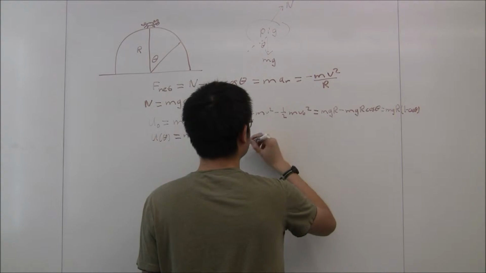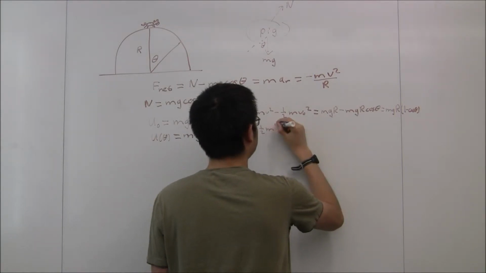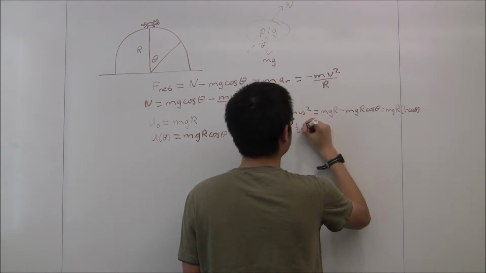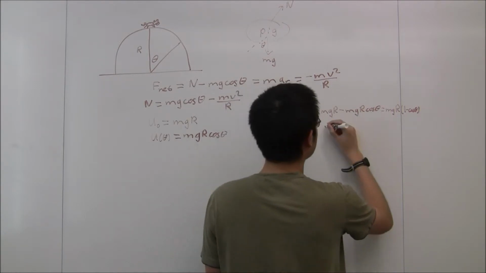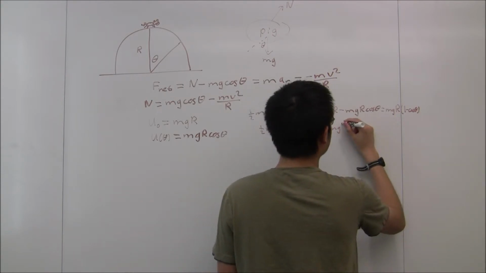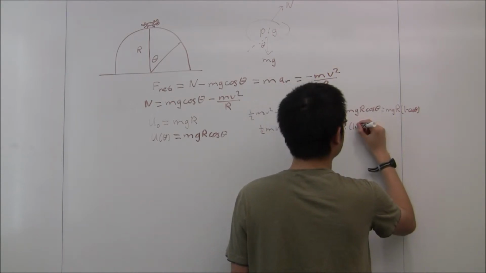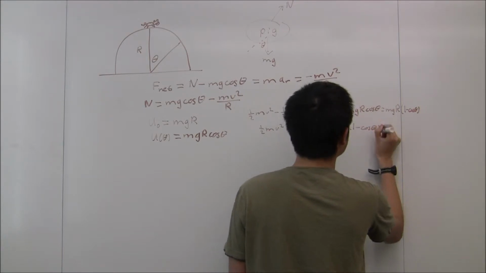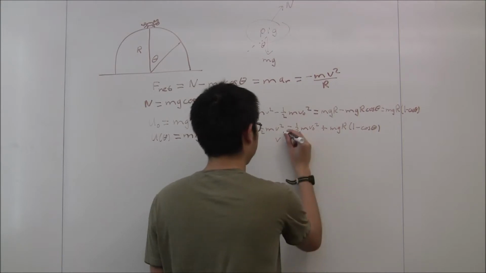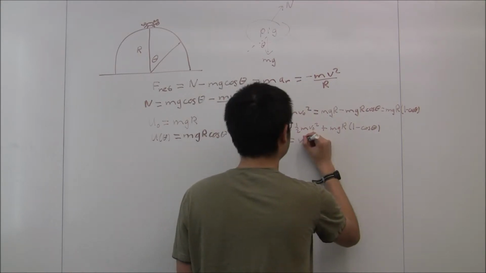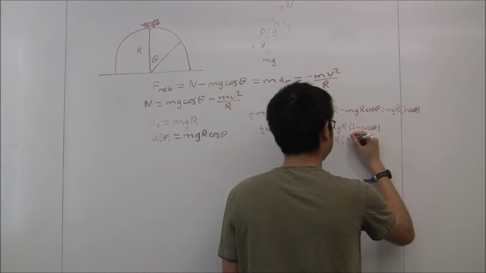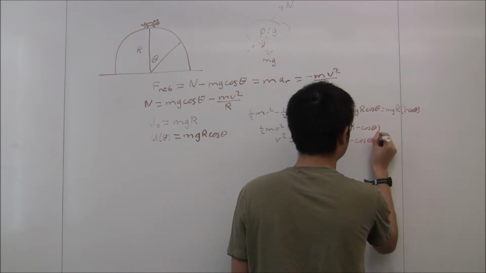Now, if we isolate for v, we have that half mv squared is equal to half mv0 squared plus mgr times 1 minus cosine theta. Multiplying by 2 over m, we get that v squared is equal to v0 squared plus 2gr times 1 minus cosine theta.